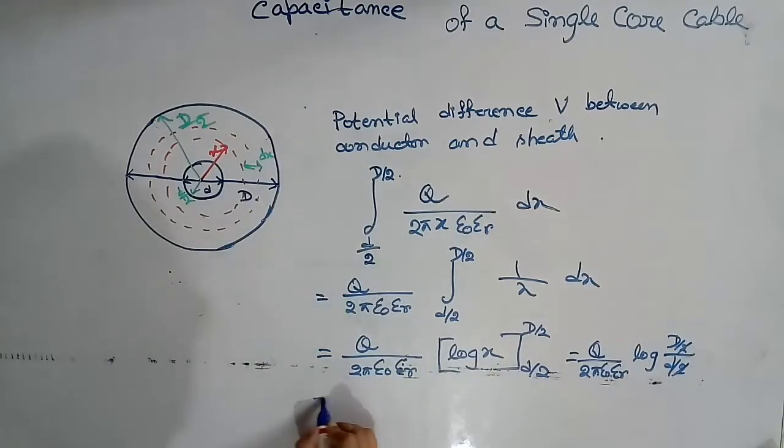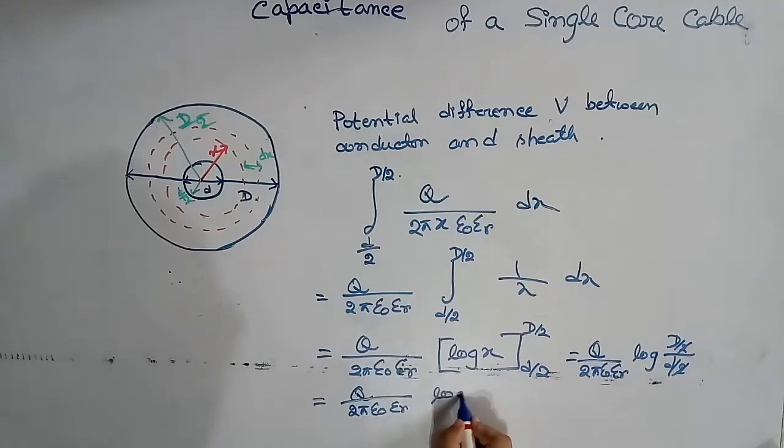The 2 cancel out, so we get q by 2 pi epsilon 0 epsilon r log D by small d.